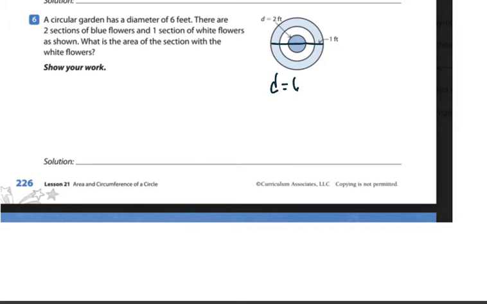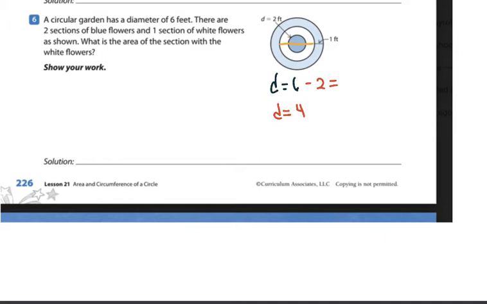Now, I need to find the diameter from here to here. I would take out 2 one-foot pieces, and it means that the diameter is 4 feet if I'm just looking at this part. So I'm going to find the area of that circle, and then subtract out the area of the little blue circle in the center. That's what I'm thinking they're wanting me to do.